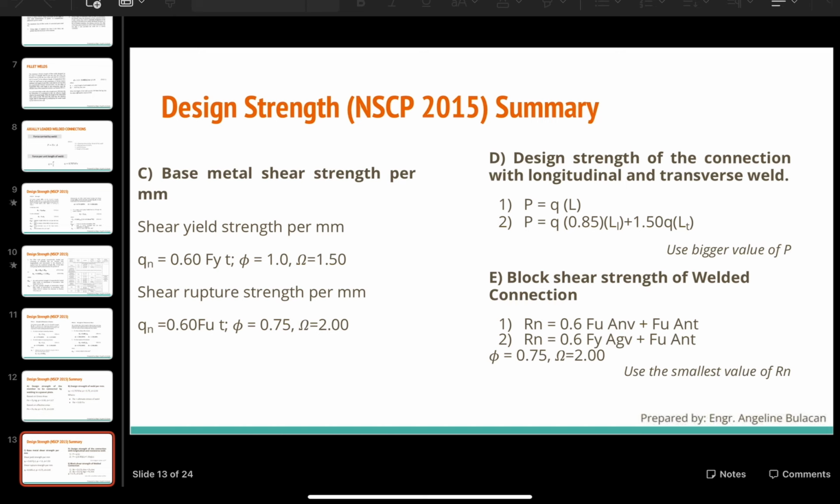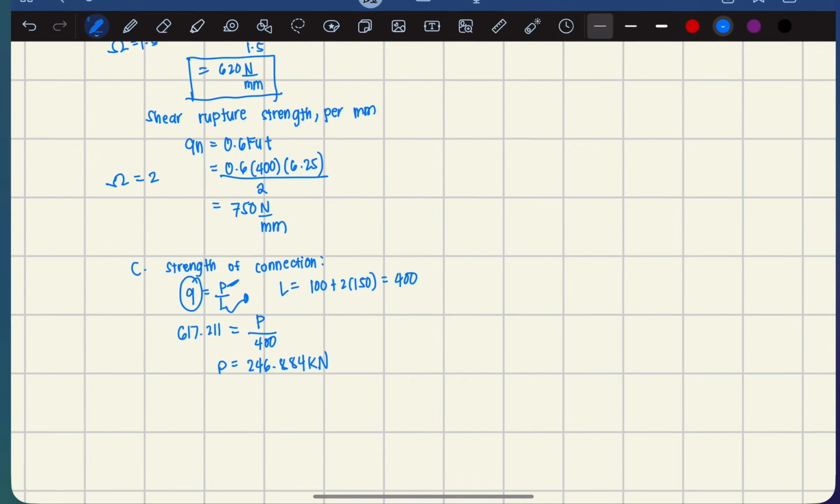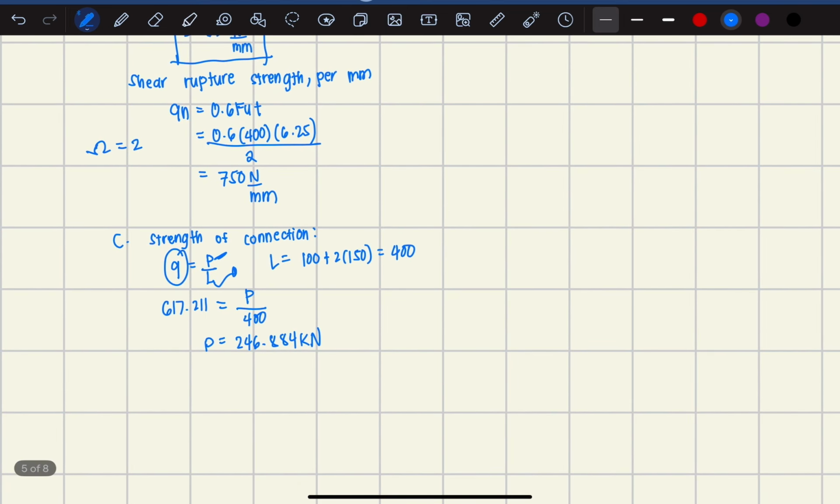So, yung pangalawa naman, P is equal to 0.85 Q times L sub L plus 1.5 Q times L sub T. So, substituting the values, 0.85 times yung Q natin is 617.211 times itong L sub L. Yung binabanggit dyan is yung longitudinal length ng welds.